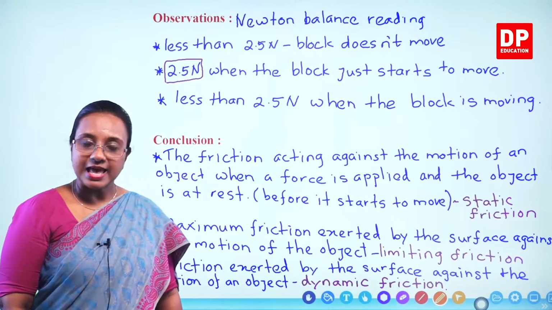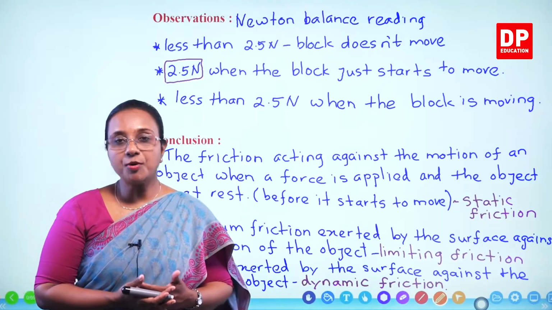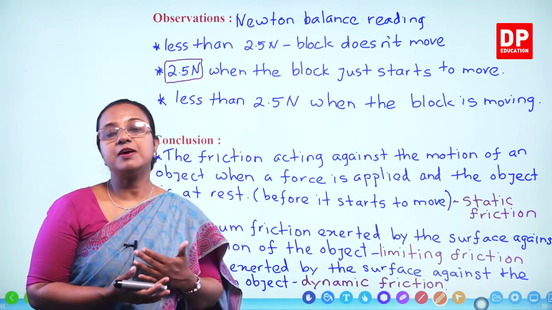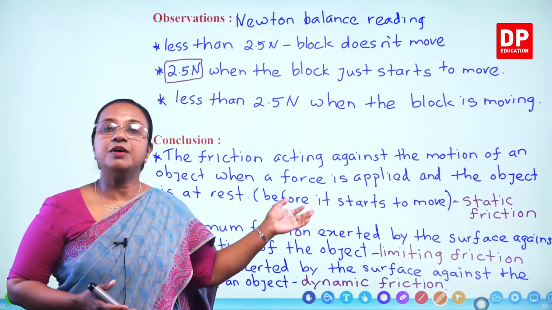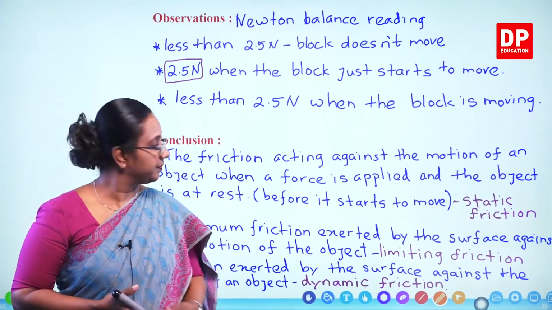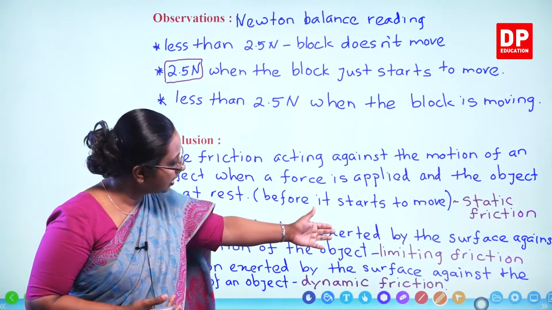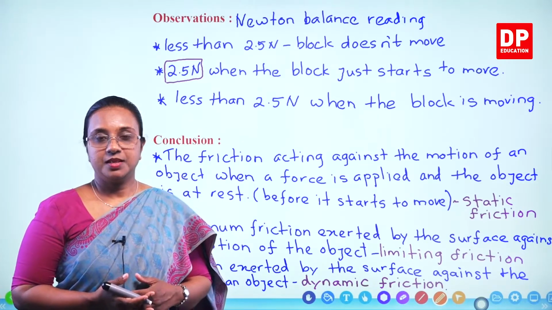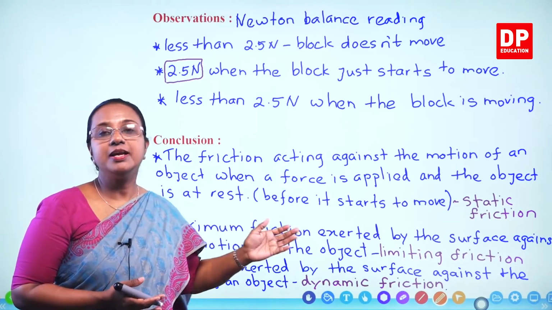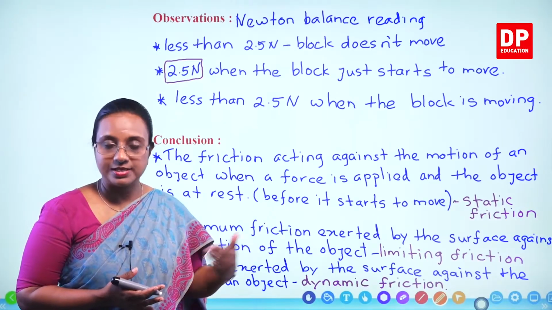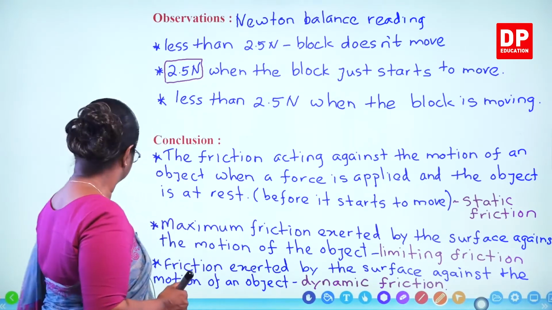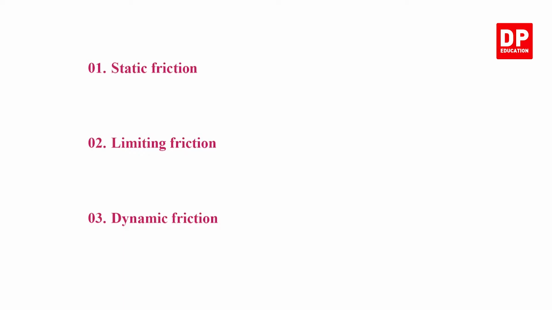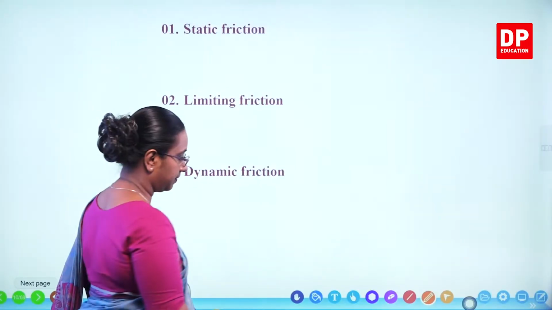So from this activity, we have observed the three different instances of frictional force: static friction, limiting friction, and dynamic friction. Let us define these instances once again. Static friction, limiting friction, and dynamic friction.